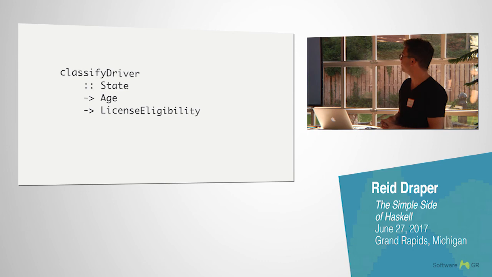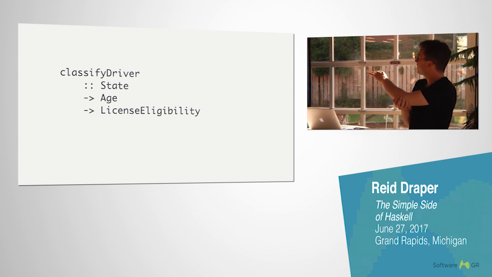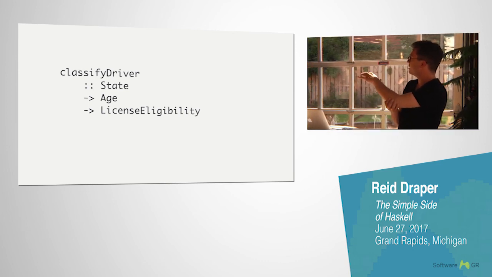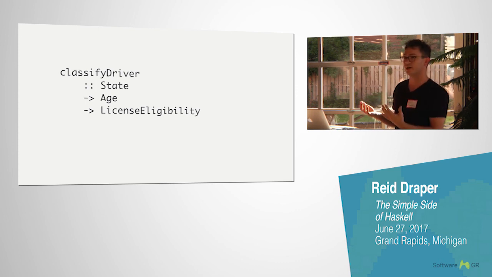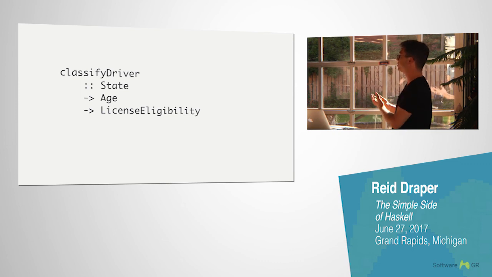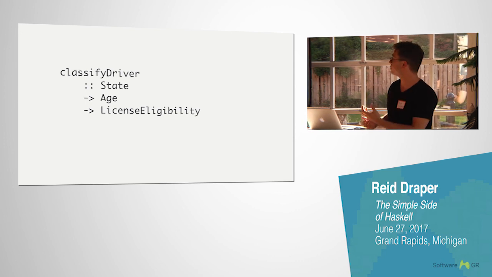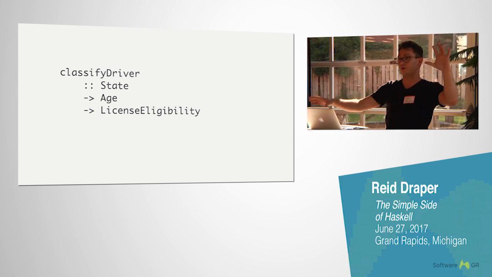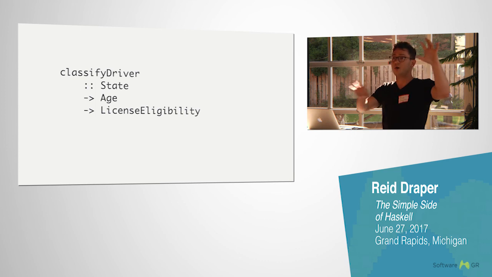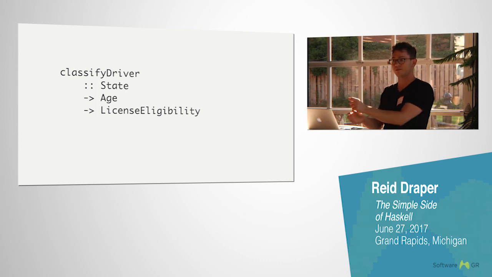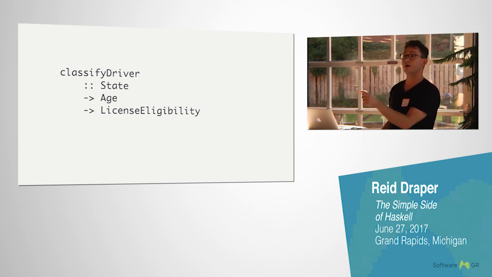And now we don't even have to have any positive or negative truthiness in the name to know which one is true or false. We're just classifying a driver, and the resulting value from this is either eligible or ineligible. And at any other part of the program, 10 call frames away, if we see this value in a debugger, we know what it means.